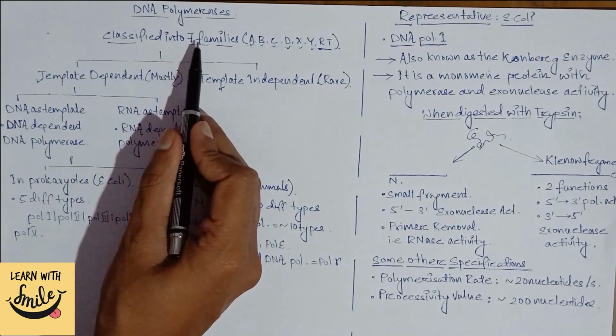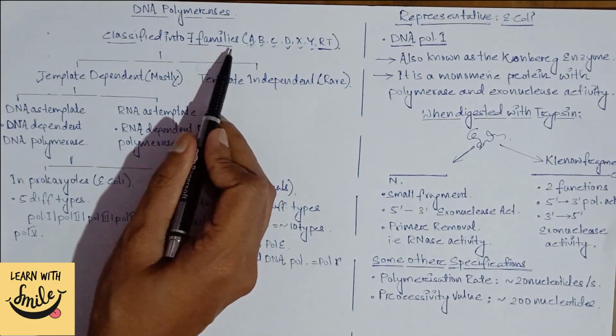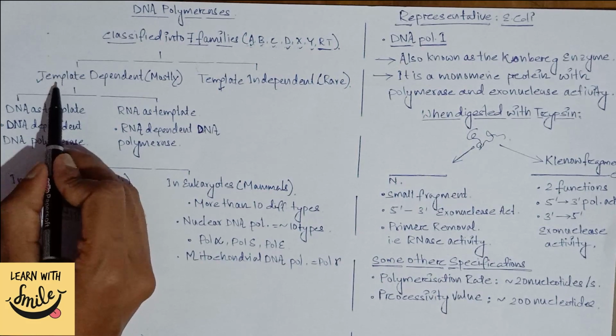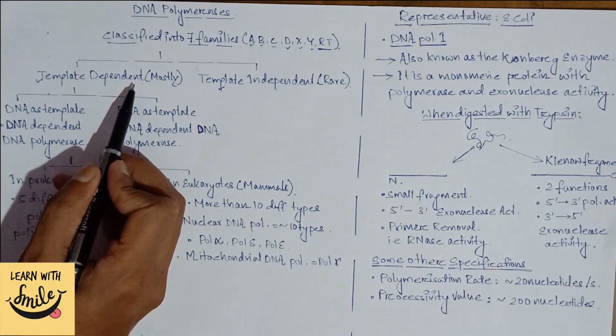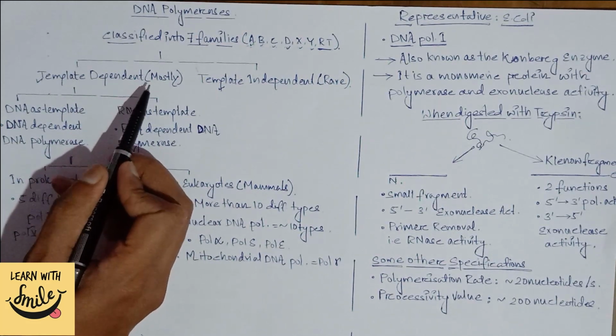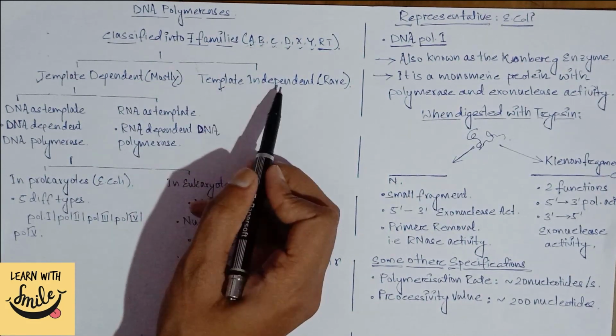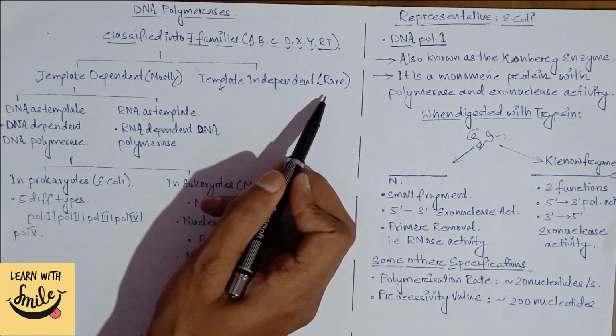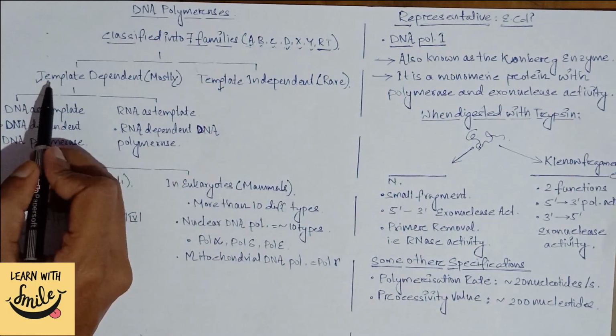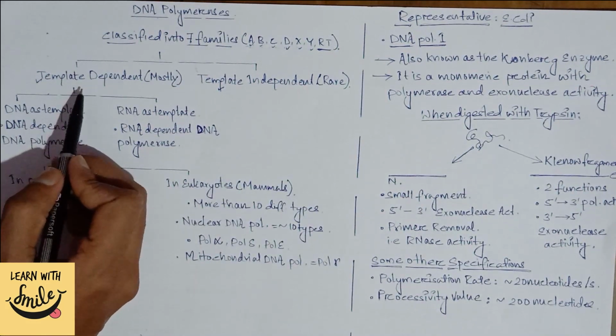Now, these 7 families of DNA polymerases can be classified as template dependent DNA polymerases, which are mostly common, and the second one is template independent DNA polymerases. Here we need to understand what the template means.